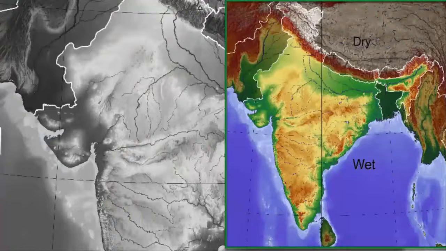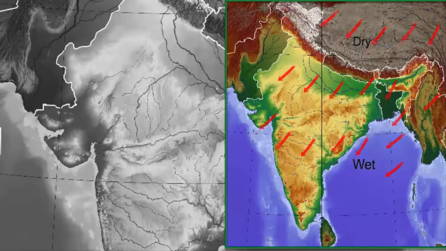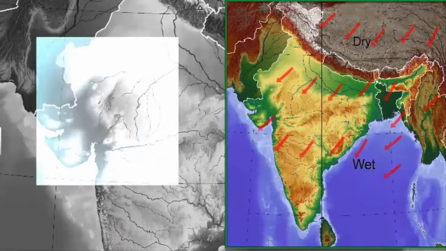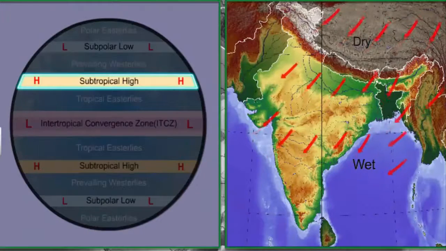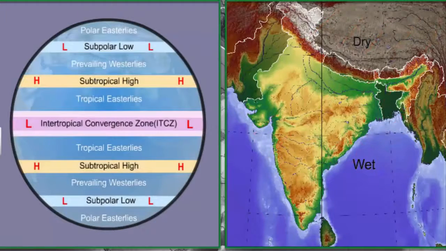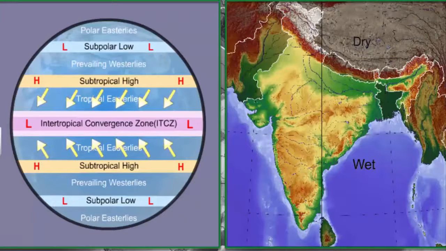India lies in the region of northeasterly winds. These originate from the subtropical high-pressure belt of the northern hemisphere and blow southwards. Due to the Coriolis force, these winds move on towards the equatorial low-pressure area.